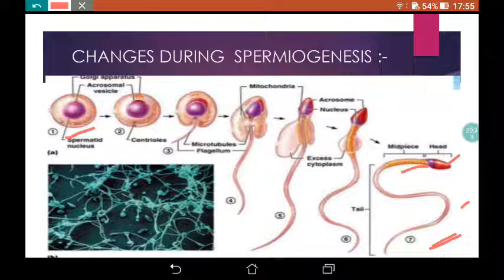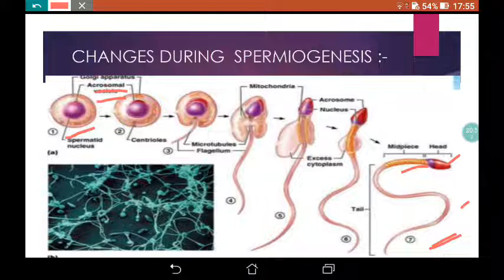The Golgi body results in formation of the acrosomal vesicle, which is present at the head of the sperm. So the Golgi body helps in the formation of the acrosome of the sperm, which is present at the head of the sperm.